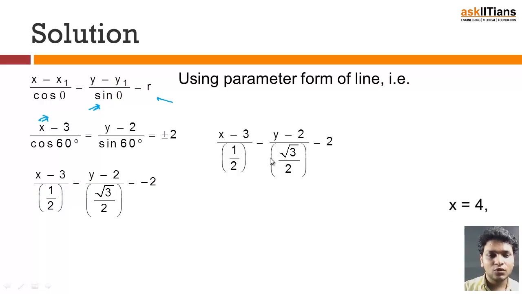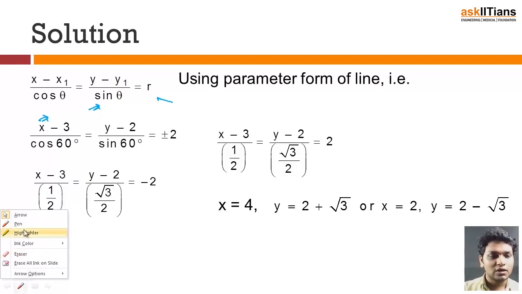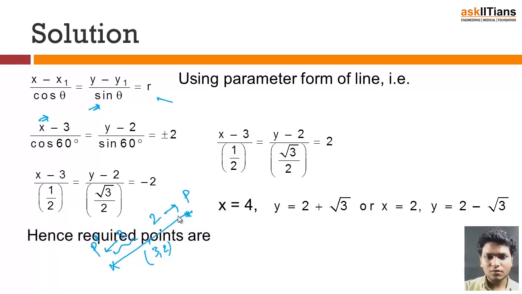So the points we get are x equals 4 and y equals 2 plus root 3, or x equals 2 and y equals 2 minus root 3. If this is the point P, that is (3, 2), one point we have got at a distance of 2 over here, and the other point over here, at a distance of 2 while traveling downwards and 2 while traveling upwards. So these are the required points.